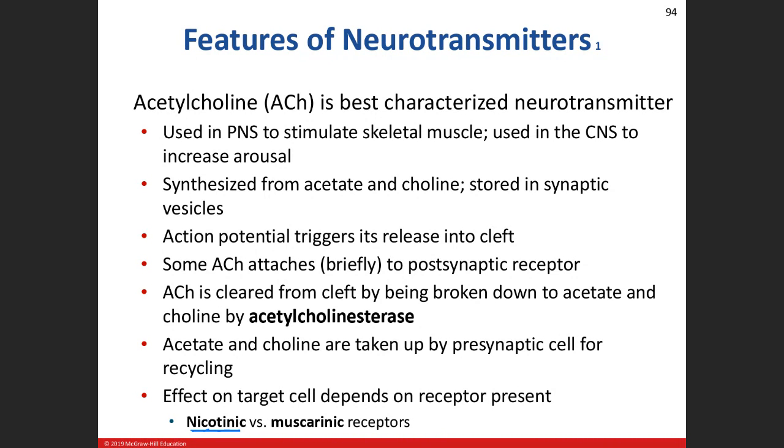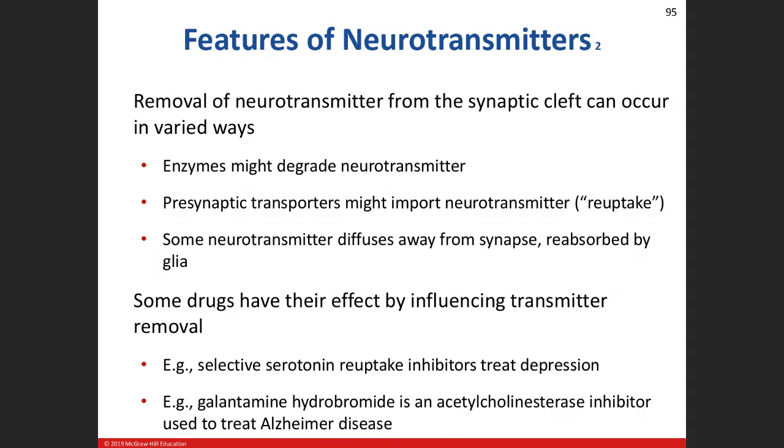That's why it is considered one of the most addictive substances on the planet. And then you've got muscarinic receptors. Point being, depending on which receptors are affected by the acetylcholine, the effect on our target cell will vary. That is dependent upon which receptor you're activating. That's acetylcholine.